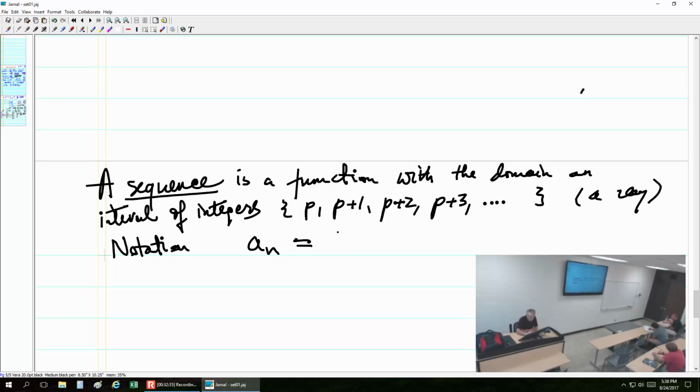The long notation is: a_{p+1}, a_{p+2}, and so on. a_n appears as if it is just a single object, but it is in fact a list of numbers. That's what the sequence is. It is a list of numbers that happens to be infinite.